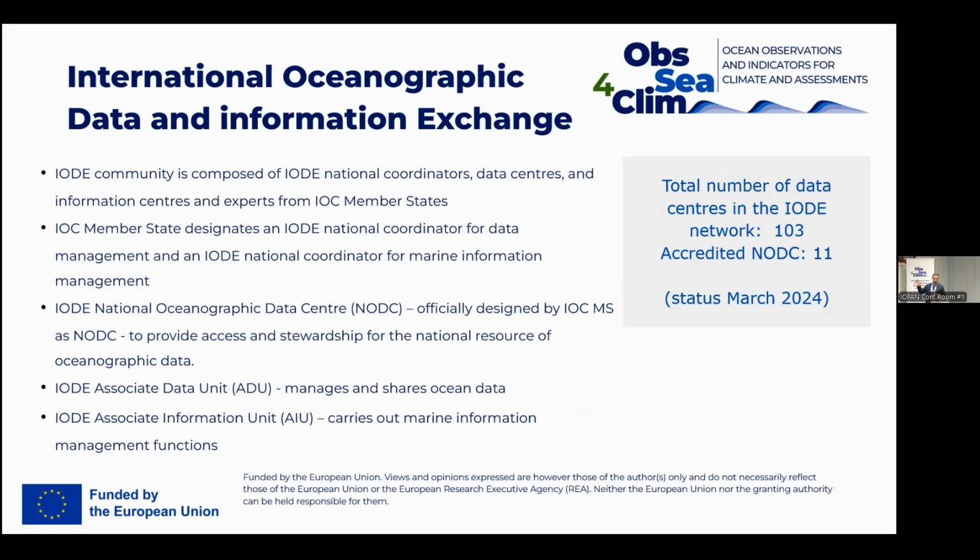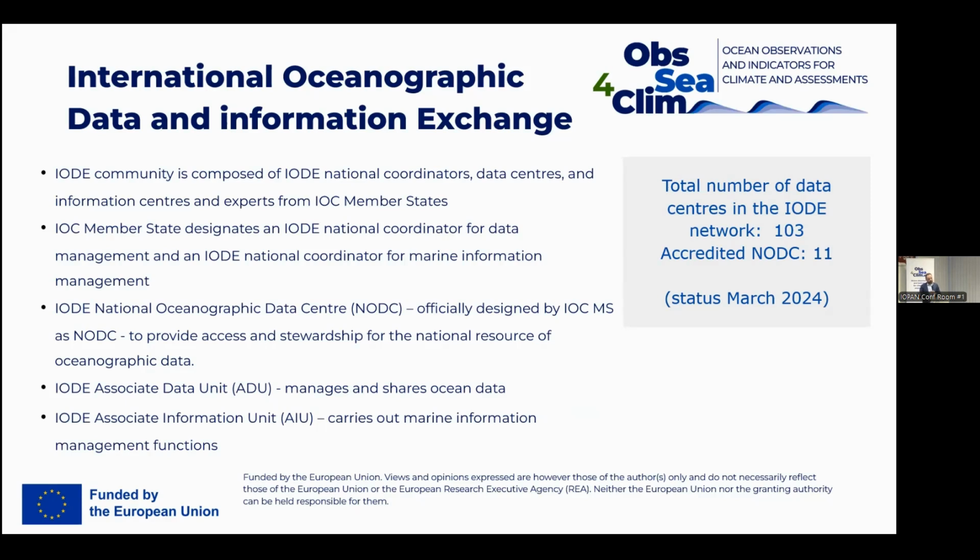What is also important to remember is that, for example, from IODE, we have some specific definitions of key entities that are dealing with data, because we have the National Oceanographic Data Centers that are officially designated by the IOC member states, and they have the capacity, or they are designated, to provide access and stewardship of the national resources.